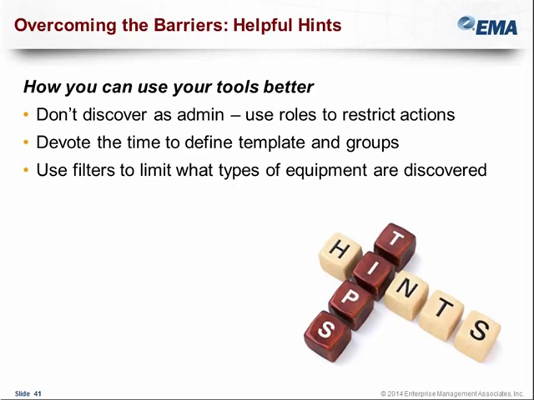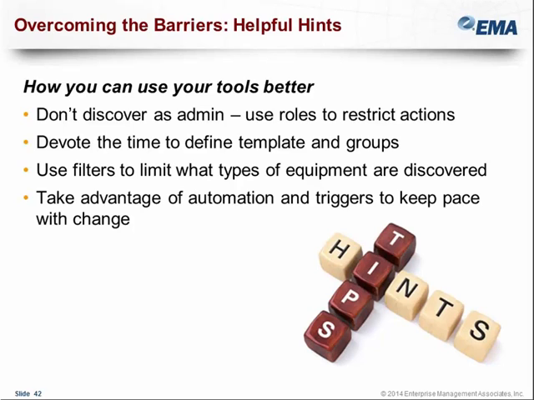It doesn't always work that way. You have to be a little creative sometimes depending on what kind of equipment you have. But usually there's some way to uniquely identify the type of element that it is. Is it a network device? Is it an endpoint? If it's an endpoint, is it something you really want to put into the management system, or you just want to ignore? So filters in discovery can be extremely powerful and helpful in dealing with one of those other issues that we saw as a concern, which is that it's too broad and returns too many unimportant things.